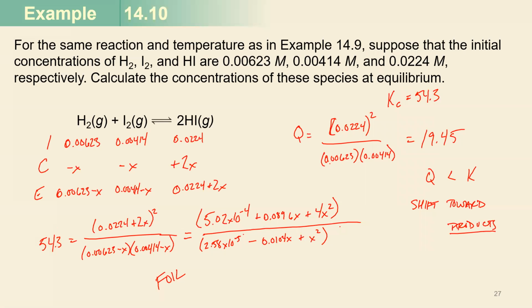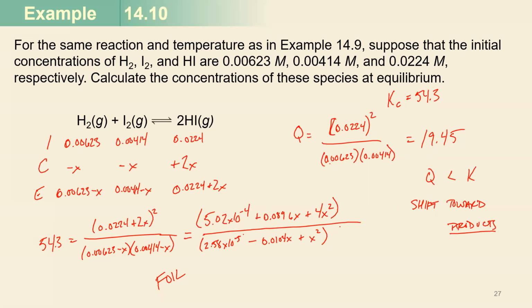Okay. So, hope you remember your algebra. Right? We have our first, outside, inside, last on the top, and on the bottom. We're going to multiply the whole bottom across times 54.3. Then we're going to get everything to one side so that we can solve for the quadratic.